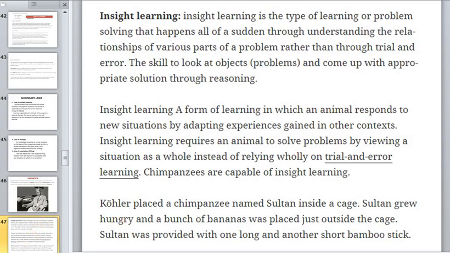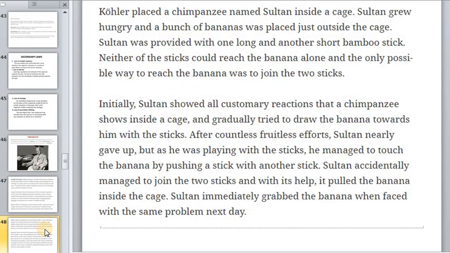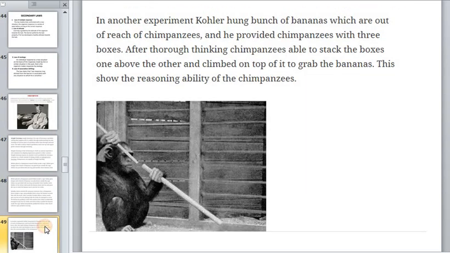As you know, Köhler placed a chimpanzee named Sultan inside a cage, and Sultan grew hungry, and a bunch of bananas was placed just outside the cage, and Sultan was provided with one long and another short bamboo stick. You even watched the video of this experiment in a previous practical, in the first practical, I don't remember exactly.